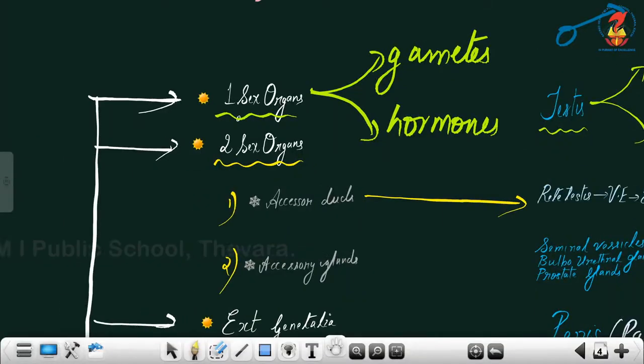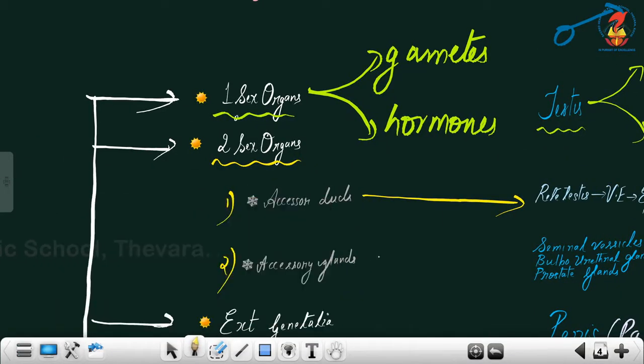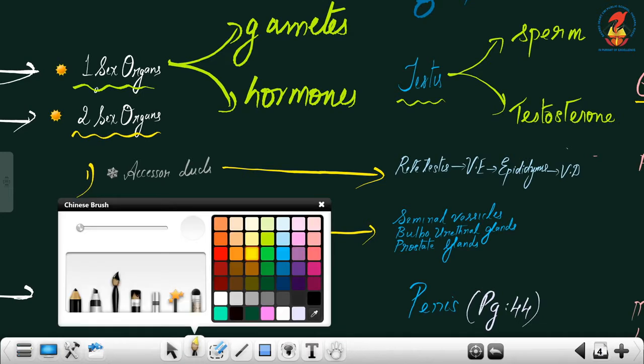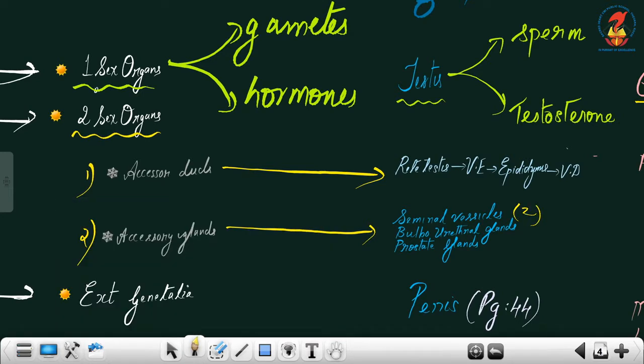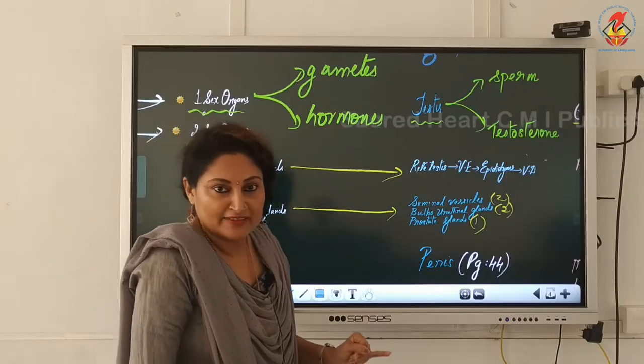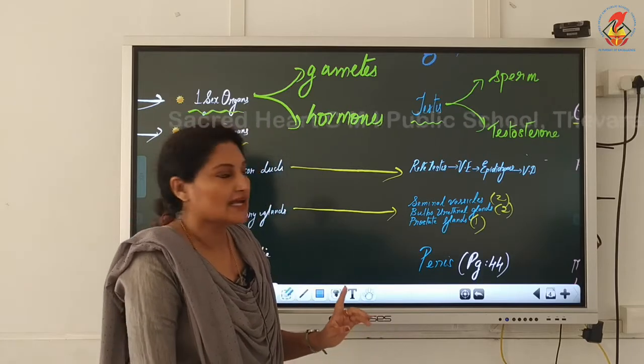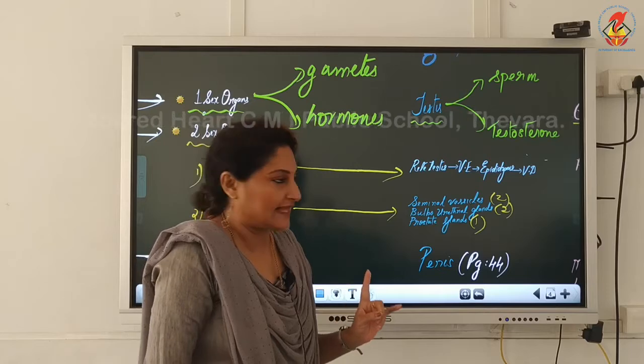The second one is the accessory glands. The accessory glands in males include seminal vesicles, a pair, 2 in number. Bulbourethral glands also are 2 in number, and a prostate gland. So, the 3 accessory glands that constitute the secondary sex organs in males are a pair of seminal vesicles, a pair of bulbourethral glands and 1 prostate gland.